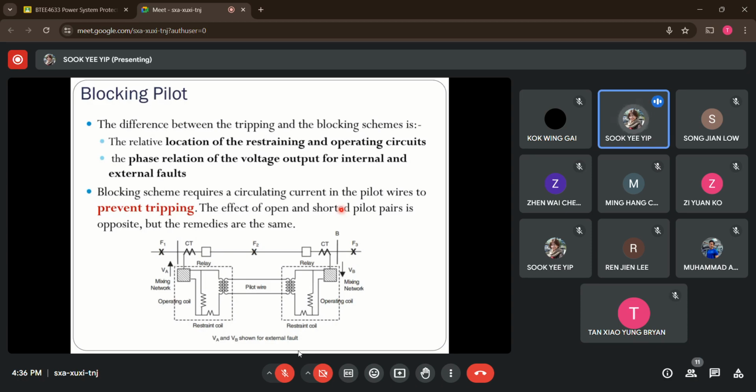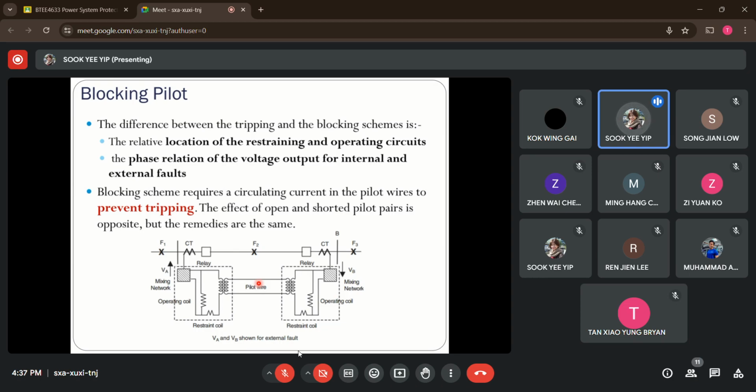If we have a short circuit here, this means that no tripping will occur. The remedy, which is the solution to the pilot wire communication problems, is also the same, which is using the DC current monitoring system on the pilot wire.